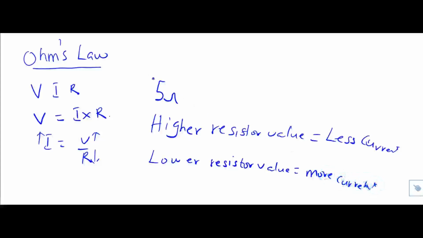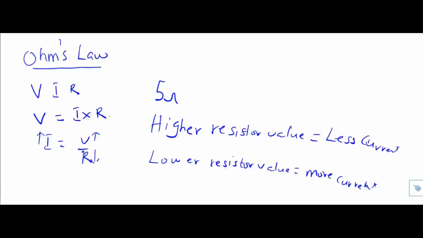So this is the reason resistor opposes. So if the opposition is high, the flow of current reduces, right? And if the opposition is less, the flow of current increases.